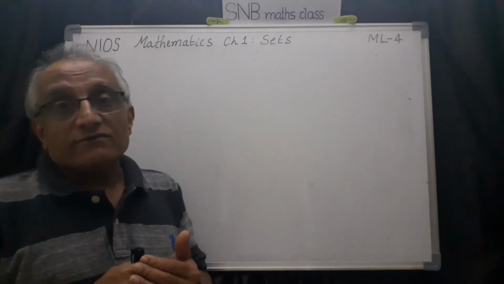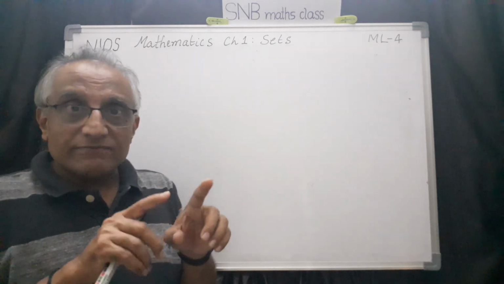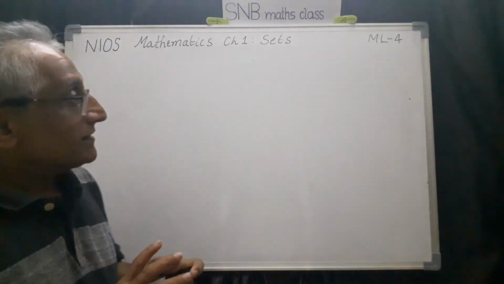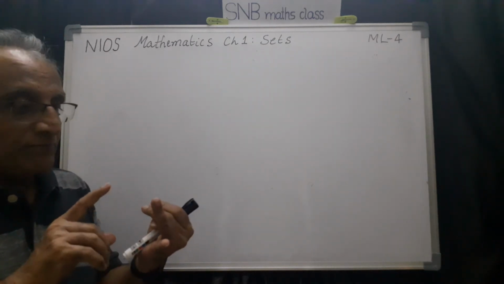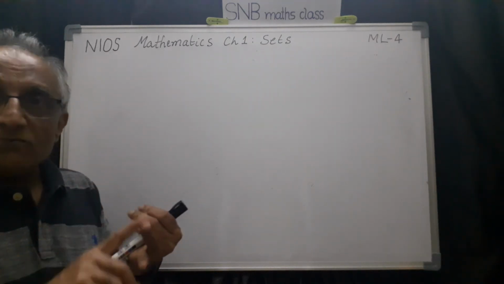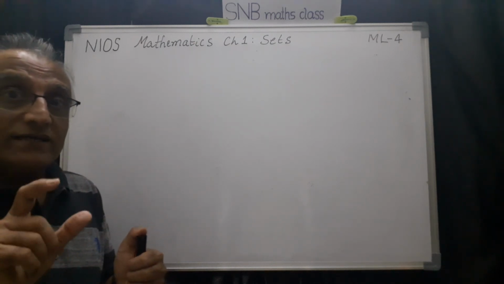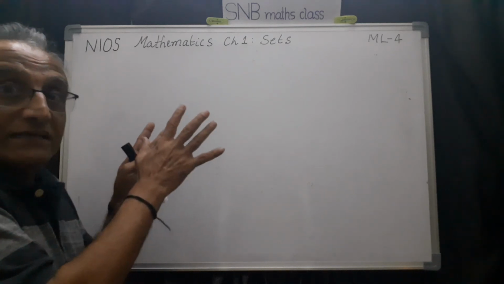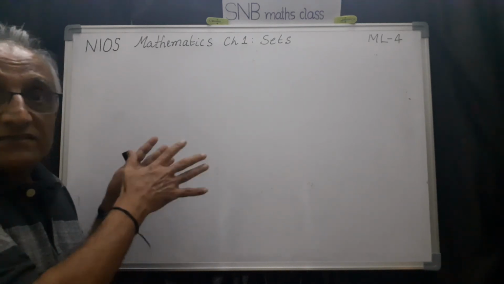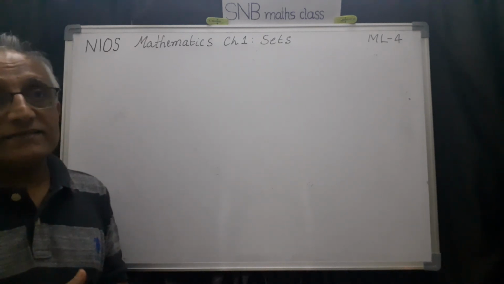Universal set is always represented by a rectangle. Then other sets, subsets are represented by circle or oval shape. Then we have seen there are four operations: difference, complement, intersection and union. Today I have taken one operation, that is difference, and I have given you the definition of difference, then some examples. Let us continue with the second operation in the next class.